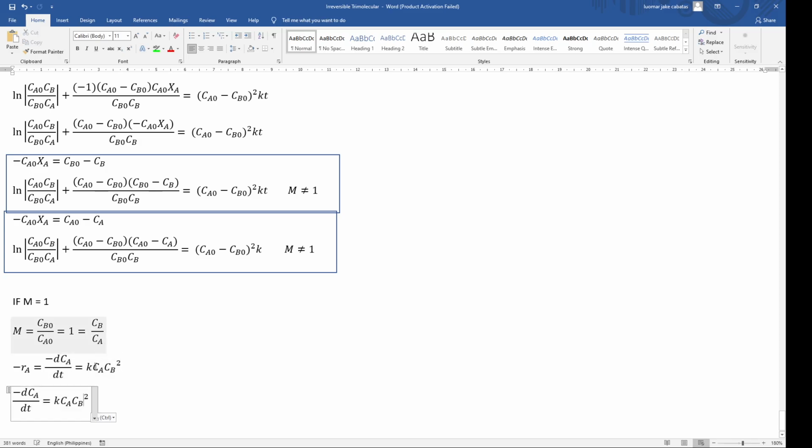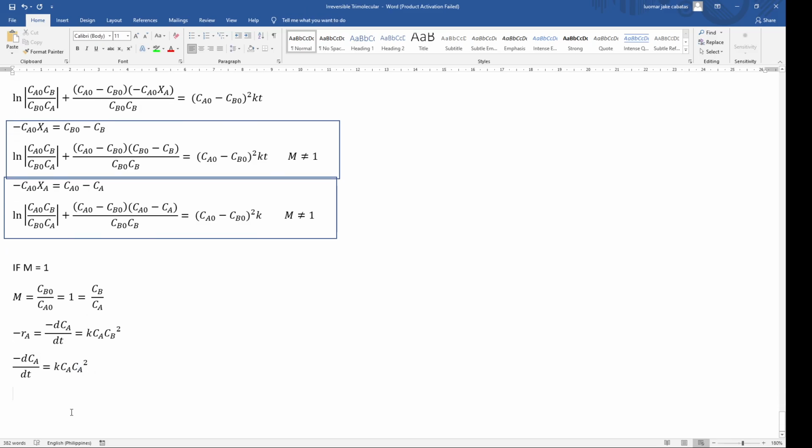And then since C_B and C_A are equal, this will become C_A. And then C_A would now become C_A cubed. So we could just use separation of variables.